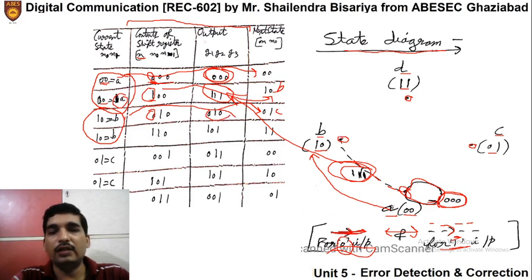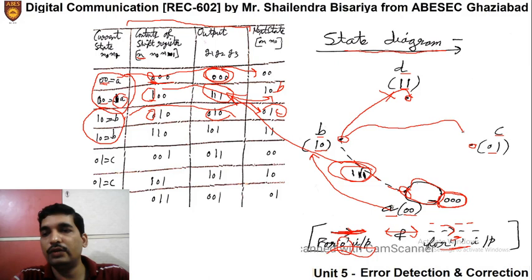So from state B, for 0, we know that a dark line is there. Sorry, this is incorrect. From B, it will move to state C. I have drawn it incorrectly. From B, I should draw it here that it will move to state C with a dark line, and I should write here the output as 0, 1, 0.